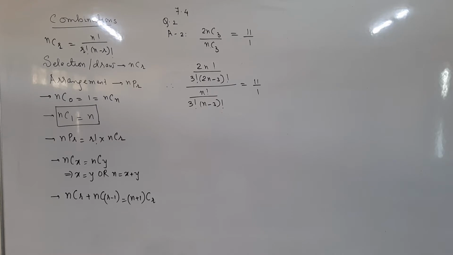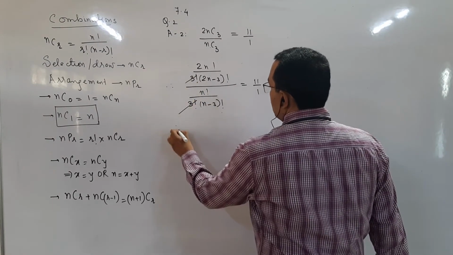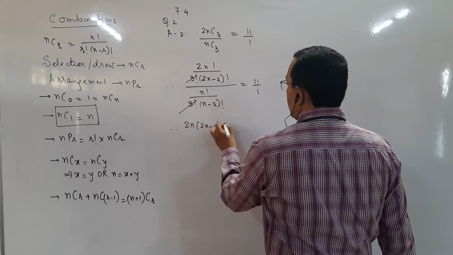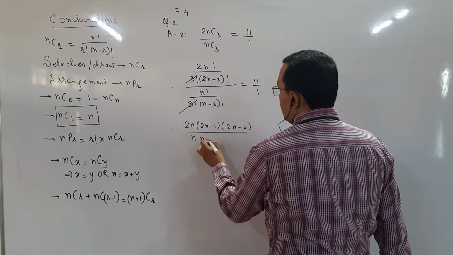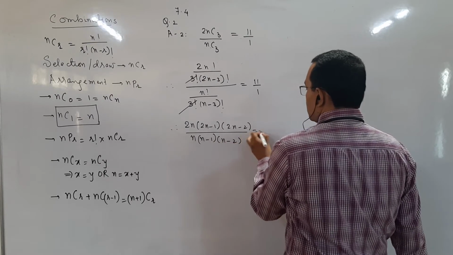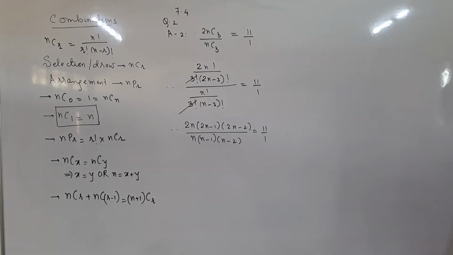This we have to remember and apply. Now I will reduce 2n up to 2n minus 3. First of all I cancel 3 factorial. So 2n into 2n minus 1, 2n minus 2, (2n minus 3) factorial gets cancelled; n, n minus 1, n minus 2, and (n minus 3) factorial gets cancelled. This is a very important logic in simplifying the sums of permutation and combination.